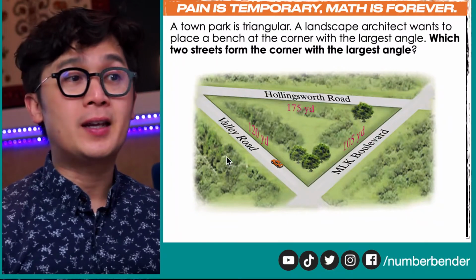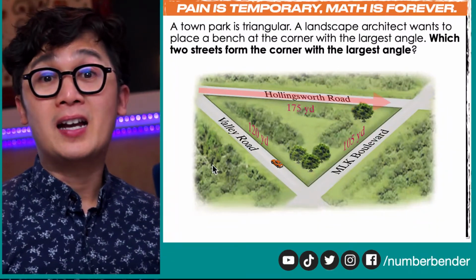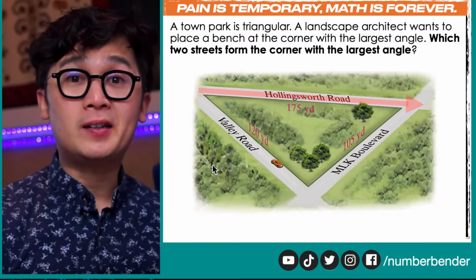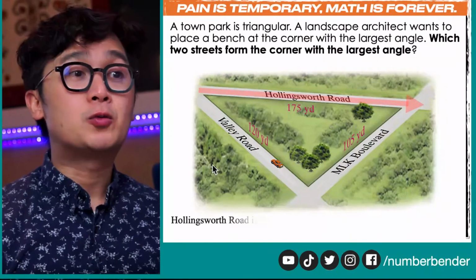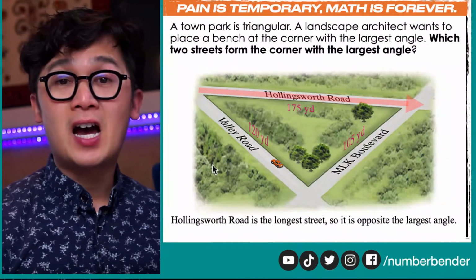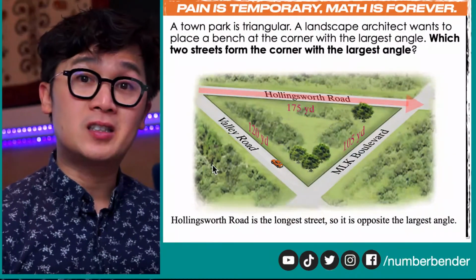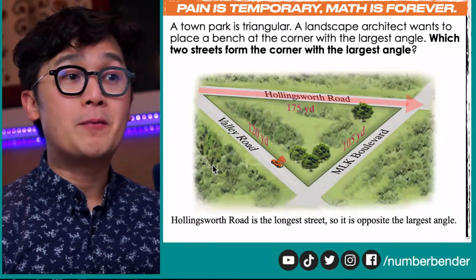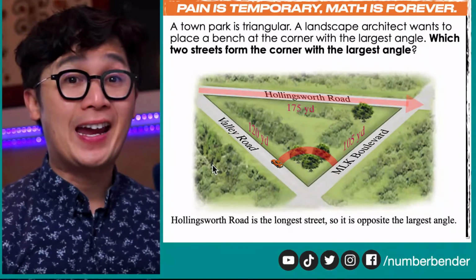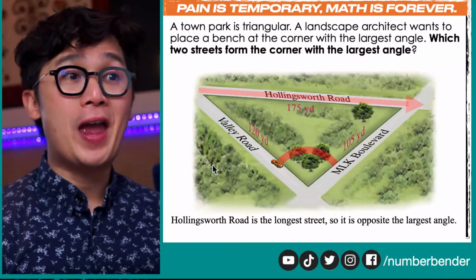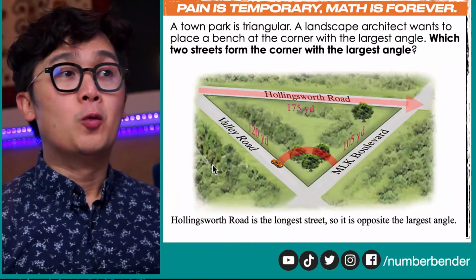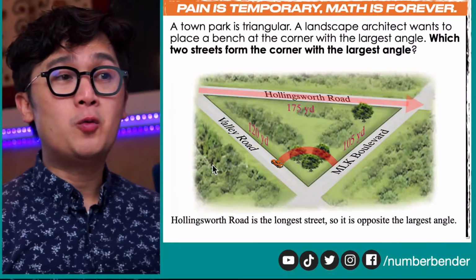So obviously, Hollingsworth Road is the longest street in this particular area. So that means Hollingsworth Road has the longest side, and opposite its longest side, using our theorem, will give us the biggest angle among the three corners that we are seeing in this park. So to answer this question, which two streets form the corner with the largest angle?